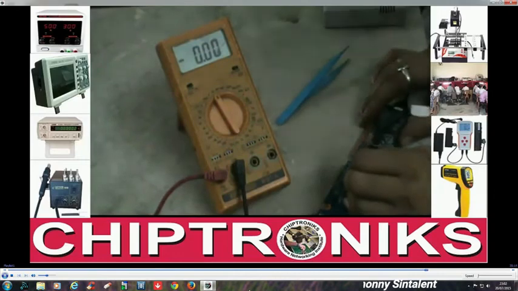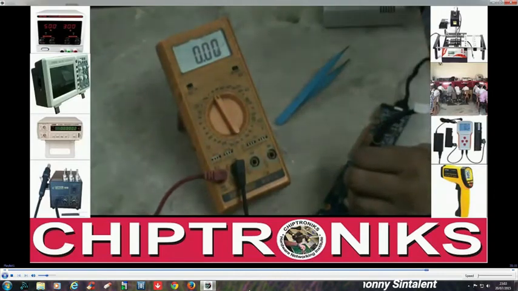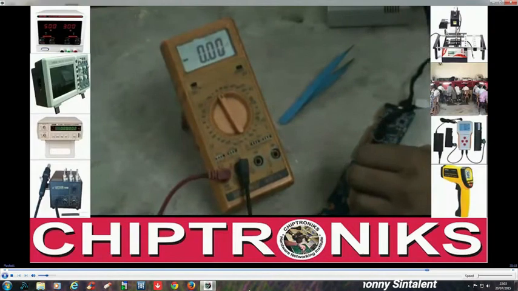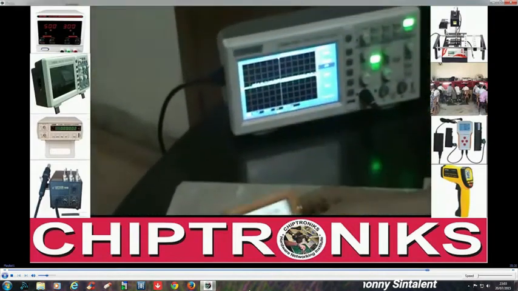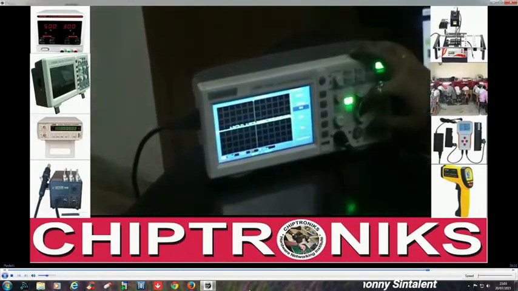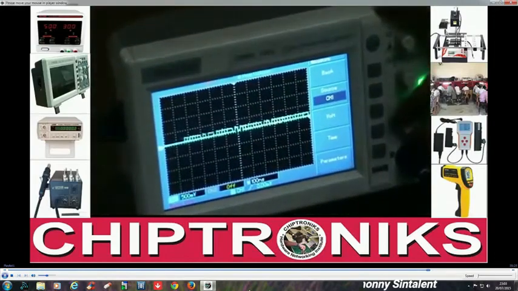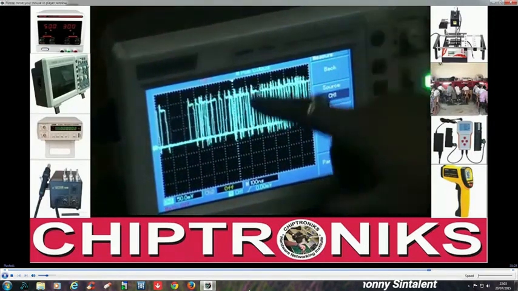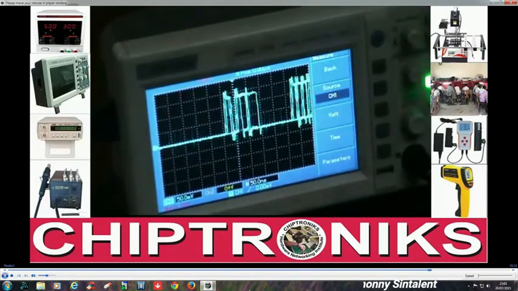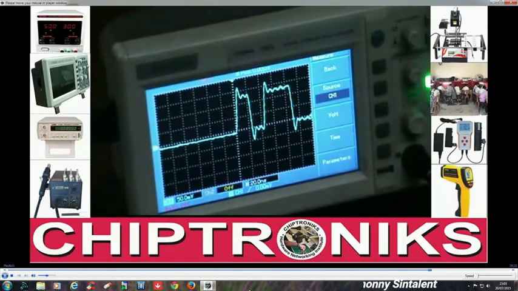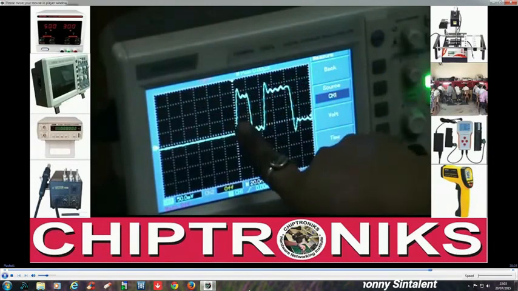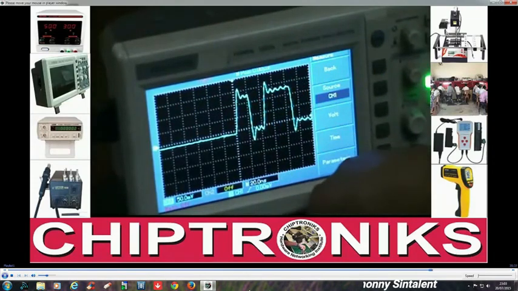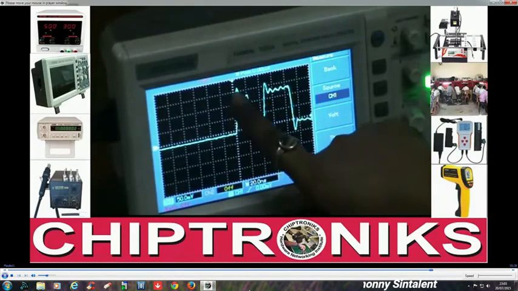Here I'll check first on pin number 5 data. Look at data. This is the data signal. Always when you check on pin number 5, look over here.